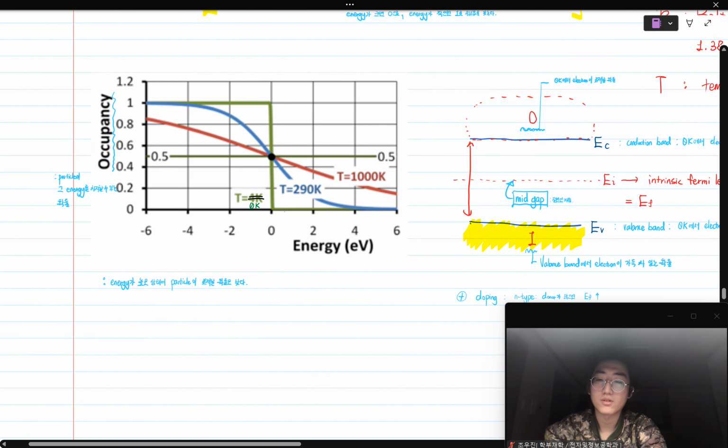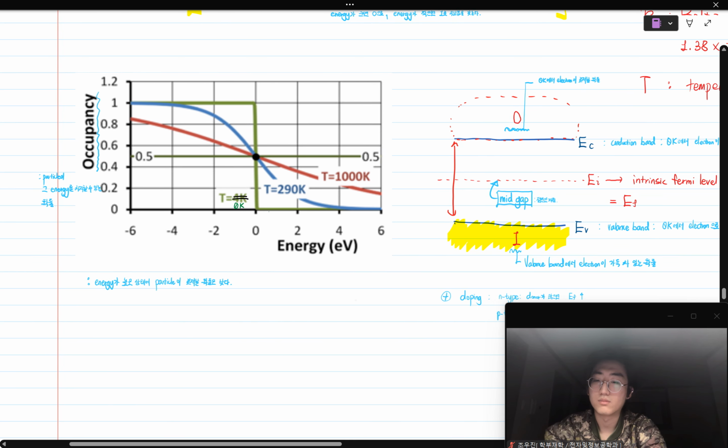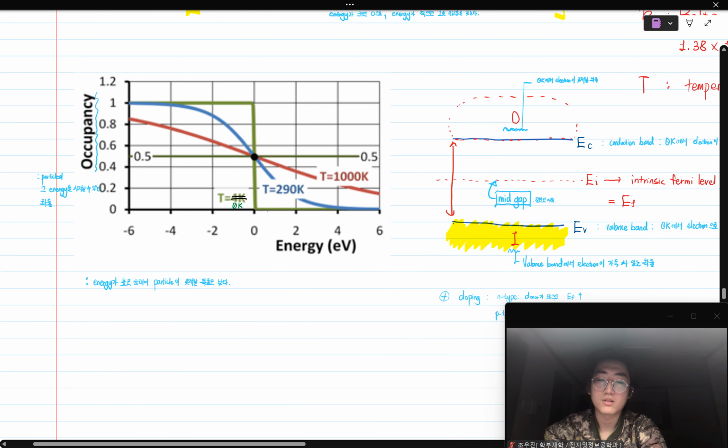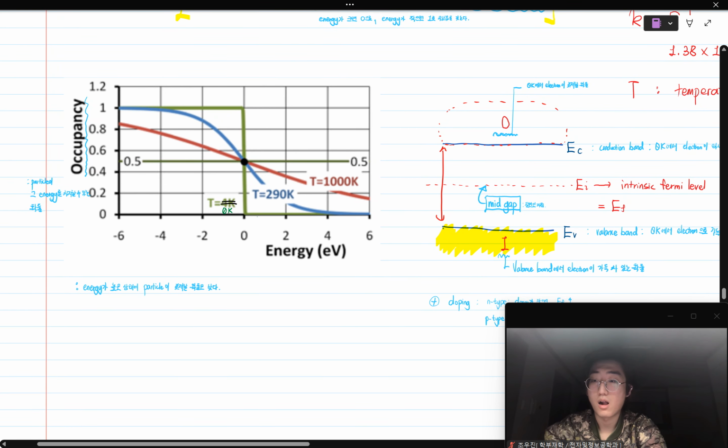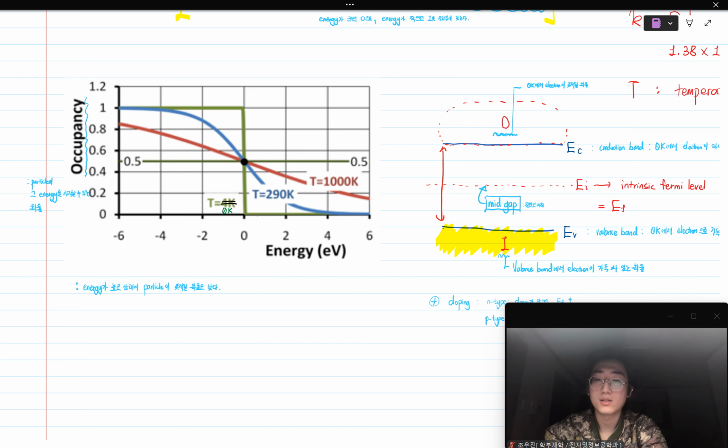This graph shows us that it is hard for electrons to exist when energy is high.